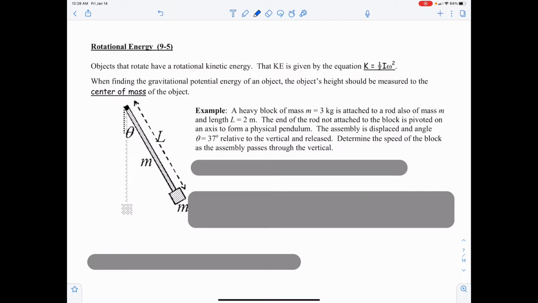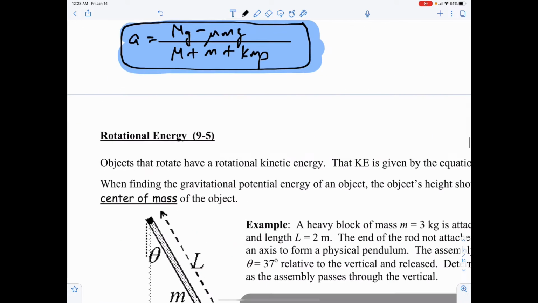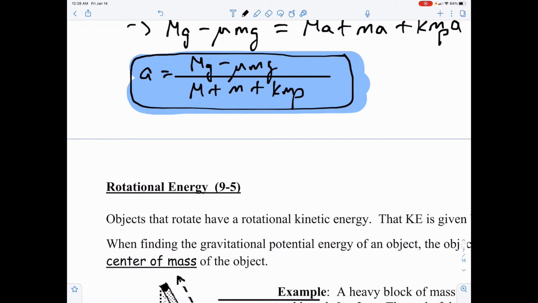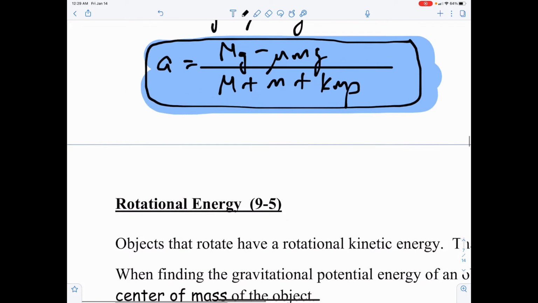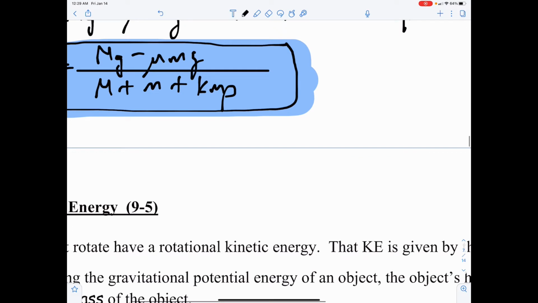Section 9.5, rotational energy. Objects that rotate have rotational kinetic energy. And the equation for that is K, the rotational kinetic energy, is 1/2 I omega squared. That's also easy to figure out. These are the variables we translate bit by bit. So your translational variables, and then these are your rotational variables.